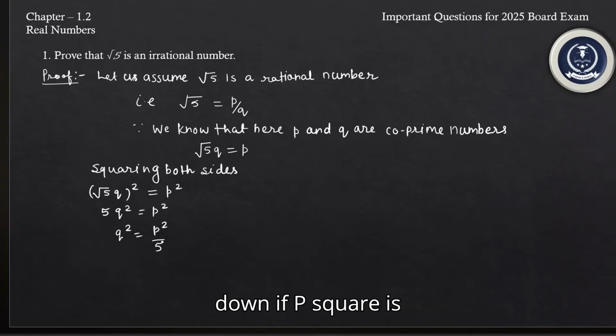So I'm writing it down. If p square is divisible by 5, therefore p is also divisible by 5.